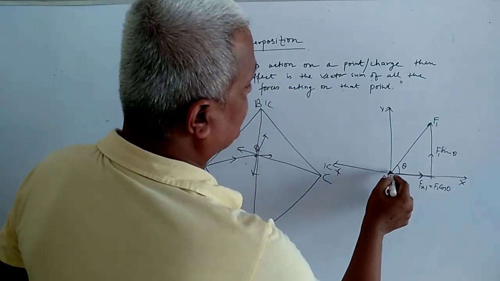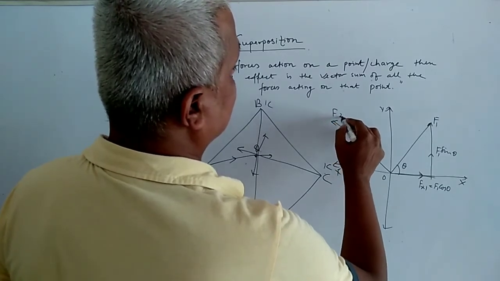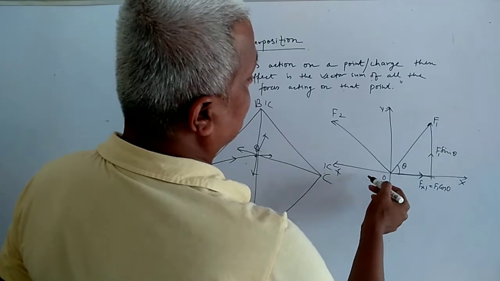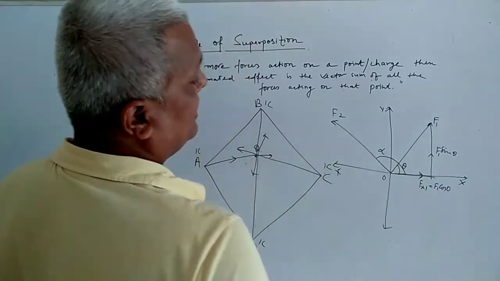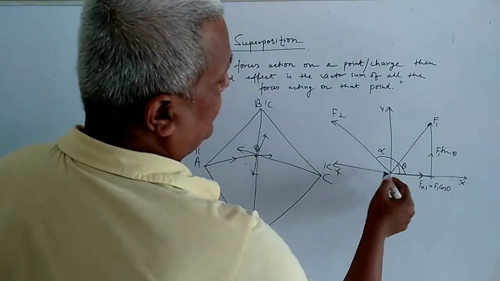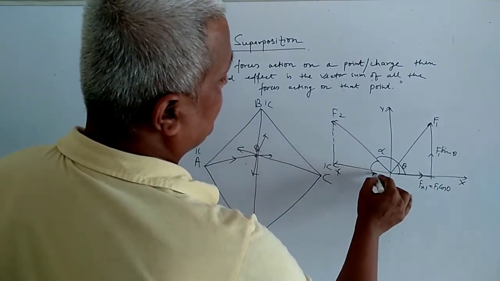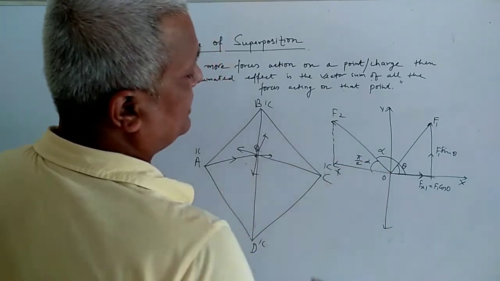Now if you have another force here in this direction, this is F2, and this angle you can take as theta, but if you want to consider the angle from here, there is also a problem, alpha. When you draw a perpendicular here, this angle becomes pi by 2 minus alpha.